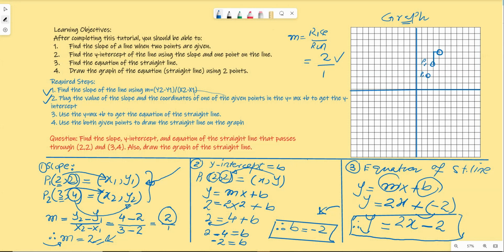Rise is 2 units up, and then 1 unit towards the positive x-axis side because run is 1. That is your fourth point.